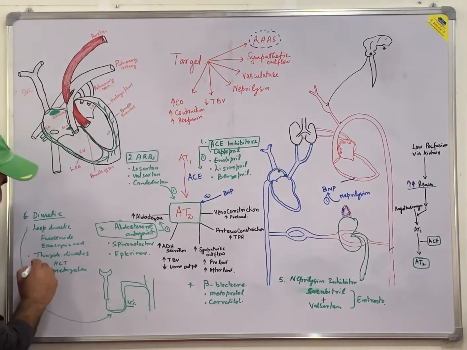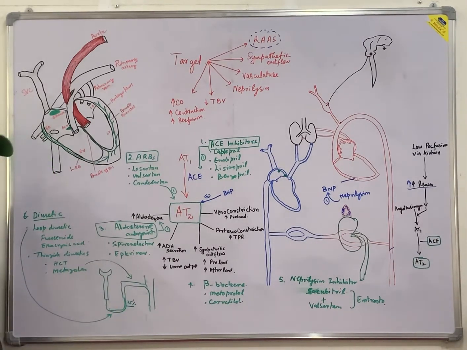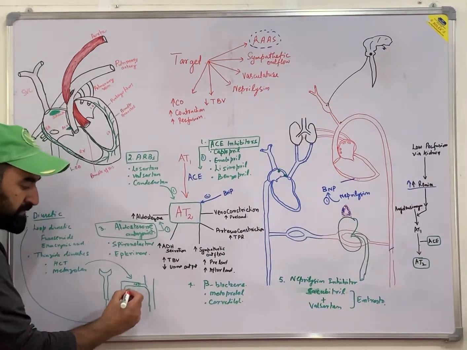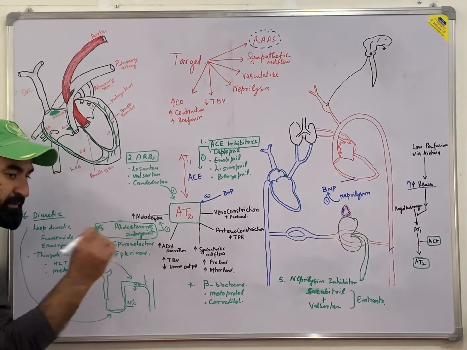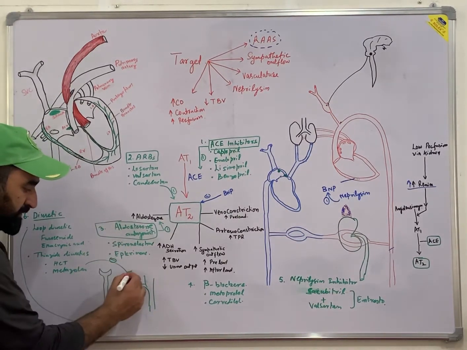Number 1, thiazide acts on the sodium chloride channel here. Here around 10% of the sodium is retained inside the body with the help of the sodium chloride channel. But when thiazide acts, it inhibits that sodium chloride channel.